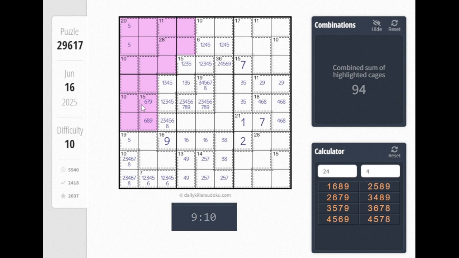Do we know what this equals actually? Hold on. No, right? We don't.